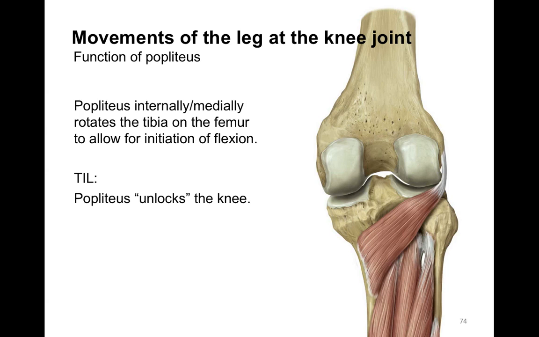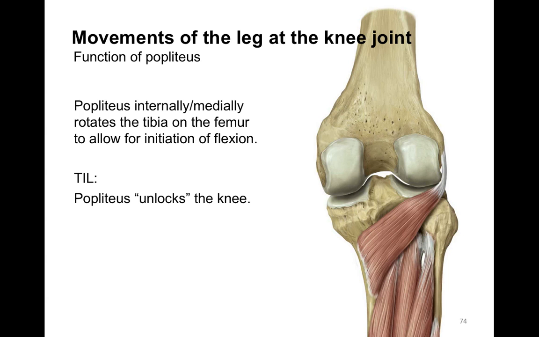The screw home mechanism describes the tibia locking out on the distal aspect of the femur in terminal extension. And so in order to unlock the knee, we need to oppose the screw home mechanism.